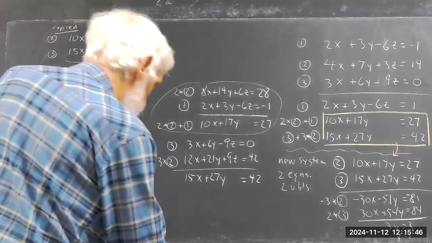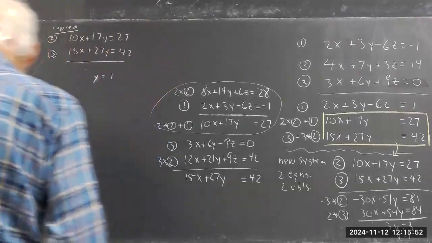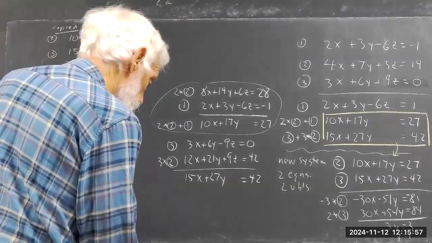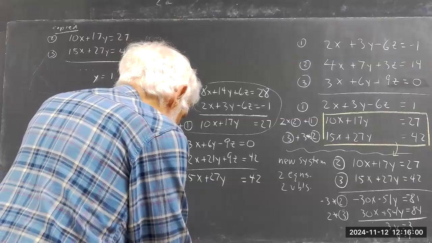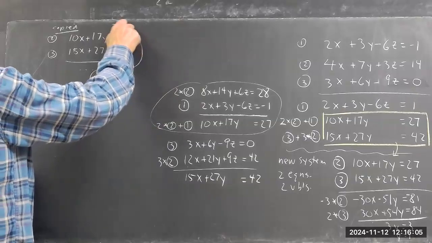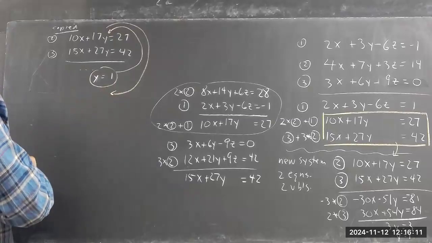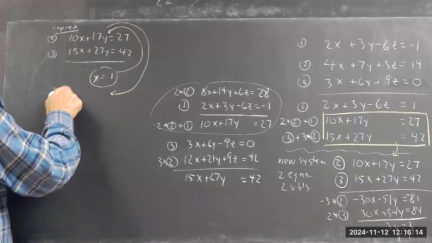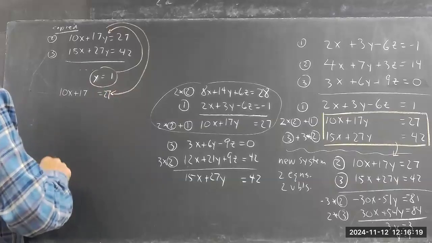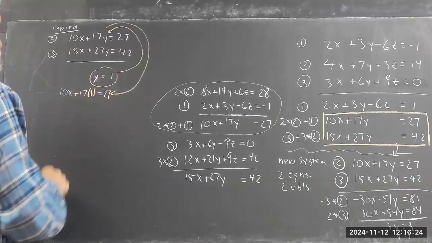What do we do with that? The same thing we always do, plug it back into one of the equations. It doesn't have to be the first one, because I'm going to use little arrows to show what I'm doing. I'll go up to the first one, and that's going to bring us down here to the equation 10x plus 17y, but that's 17 times 1.